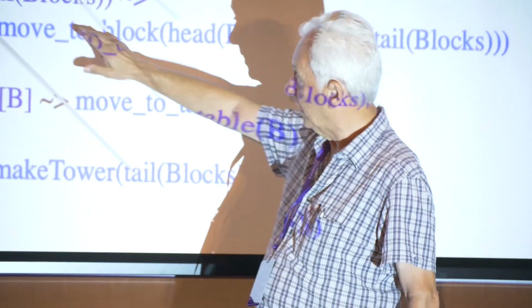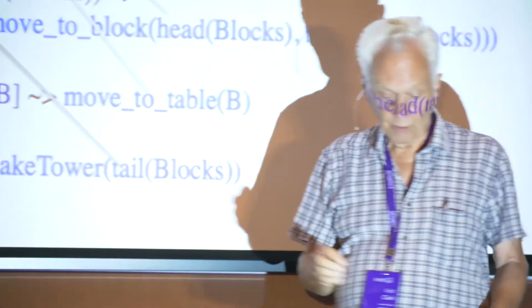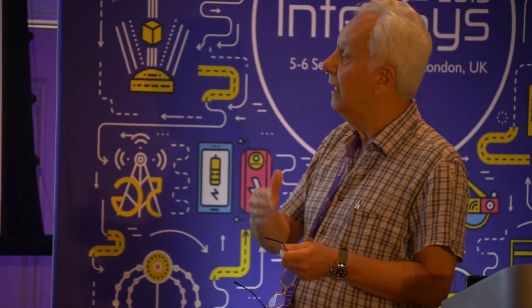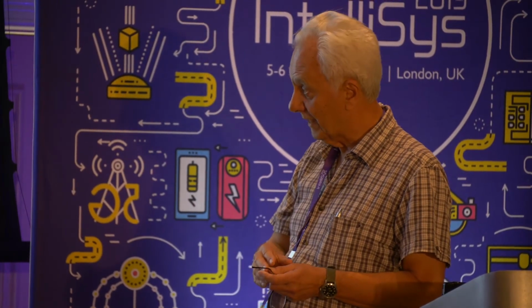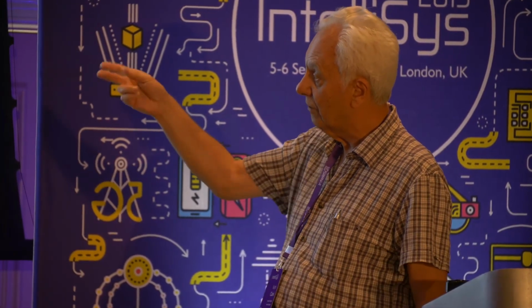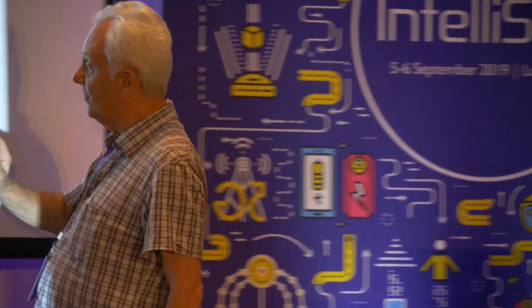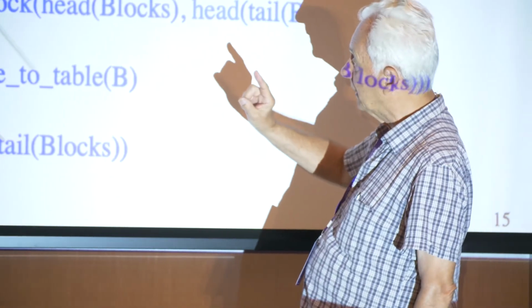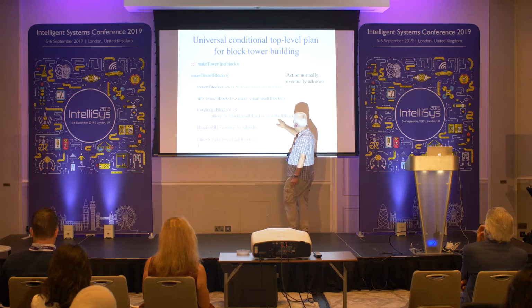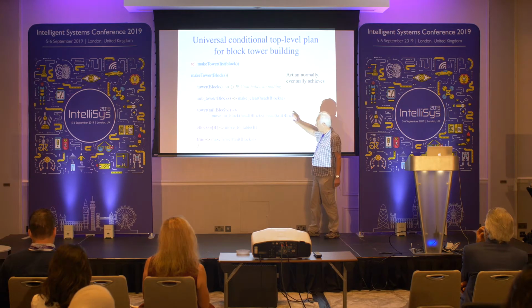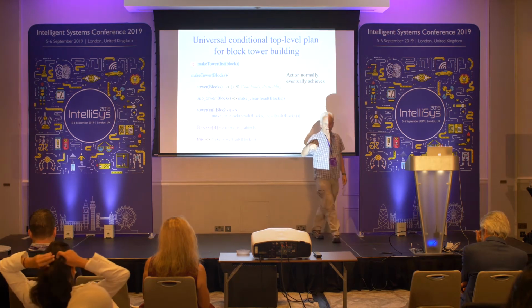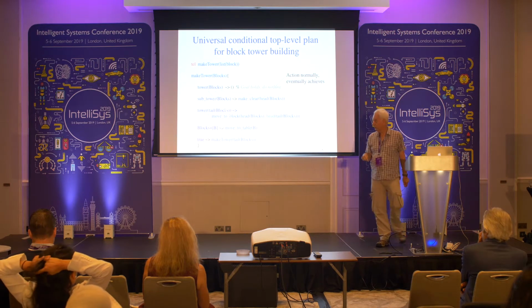The other sub-goal is that, well, you've got a tower of the rest of the list of the blocks, not the full list, right? So if the full list had 4 block labels in, you've got the tower of the last 3, right? So you've got a tower of the tail of blocks. Well, in that case, you've got to move the head of blocks, which is the last block, from wherever it is to be head of the tail of blocks, right? And the head of this block could be buried in another sub-tower. But wherever it is, you've got to move it, okay?